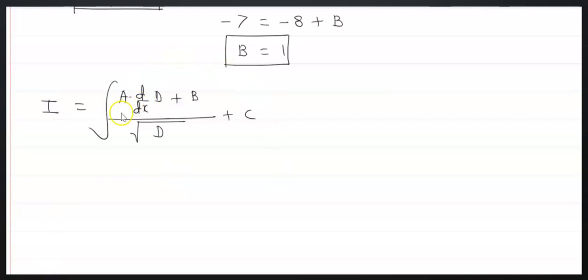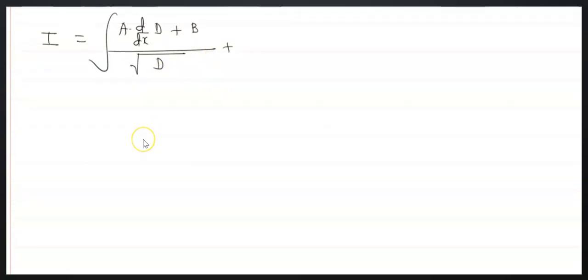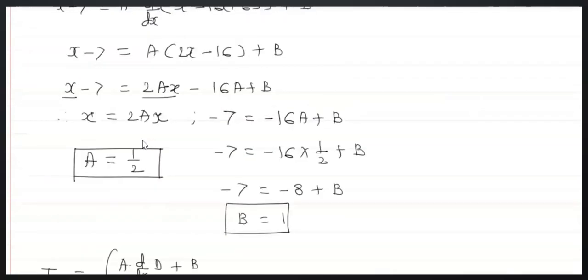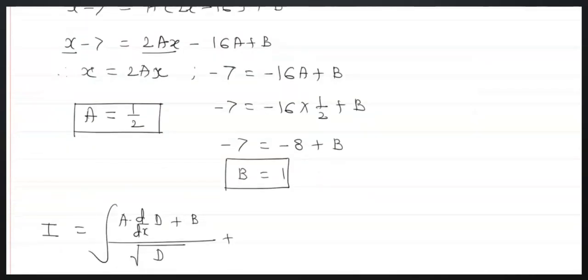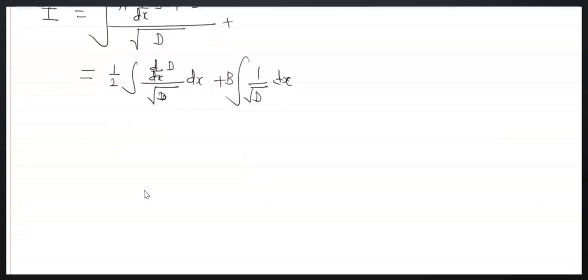I is equal to the integral of a into the derivative of the denominator plus b upon root of d. The value of a is 1 upon 2, integral of the derivative of d upon root of d, plus b times 1 upon root of d dx.